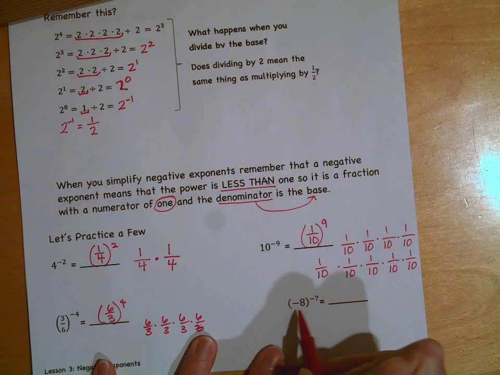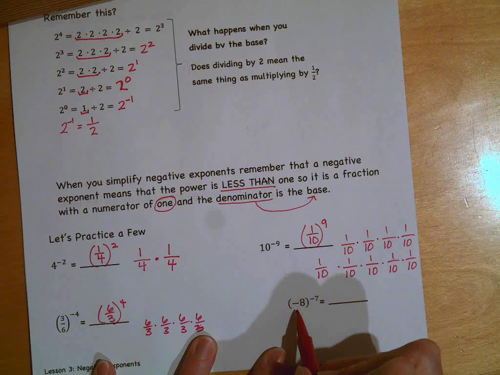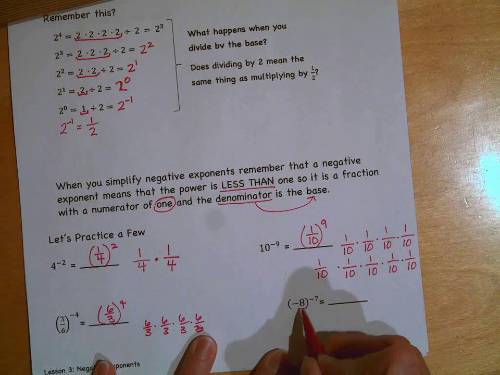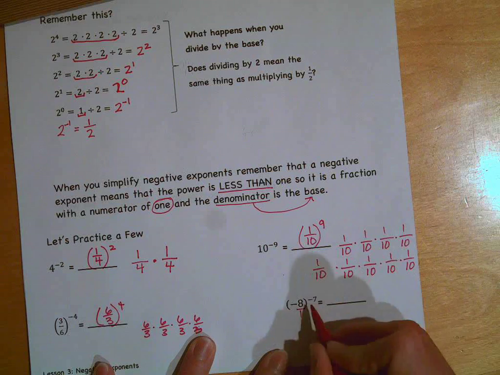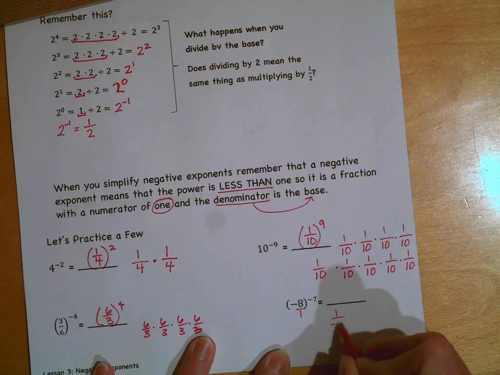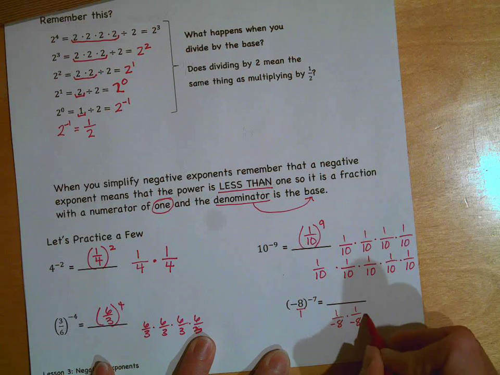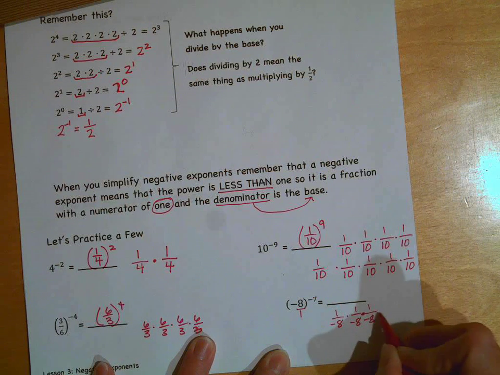So again, the last one, this time the base is negative, okay? So don't let that confuse you. The base is negative. Remember, it's a negative 8. If you take the reciprocal of that, you are going to have negative 1/8. So it would be negative 1/8 7 times. Oops, let's multiply.